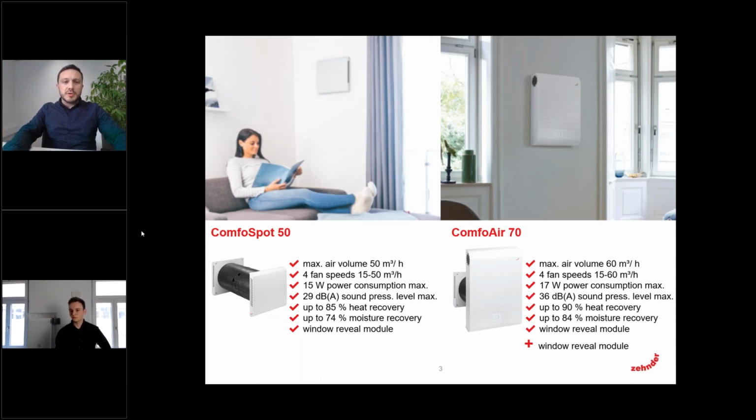So as we announced, we will talk about our decentralized solution from Zehnder, and we will focus our webinar today on our Comfort Spot 50 and Comfort Air 70. Those are the product names of the decentralized solution, and just a few key points about these units. Comfort Spot 50 has a maximum air volume flow of 50 cubic meters.